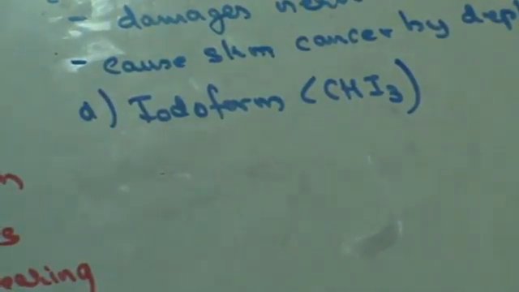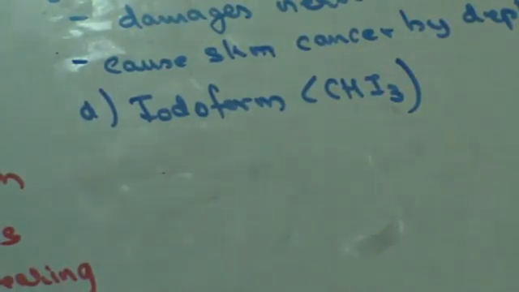Okay, the next compound that you have is hydroform, CHI3. Now, what is hydroform? Hydroform is a yellow volatile solid used as medicine and healing agent. It has antiseptic property and it is used to dress wounds and sores because of its tendency to liberate iodine.